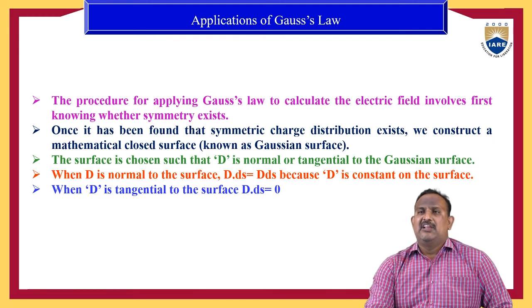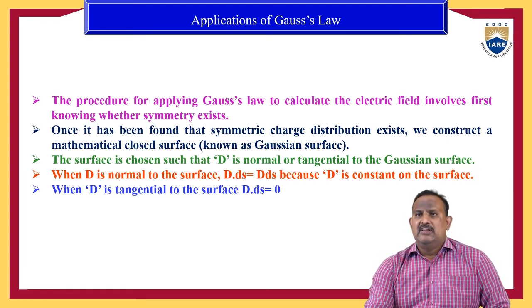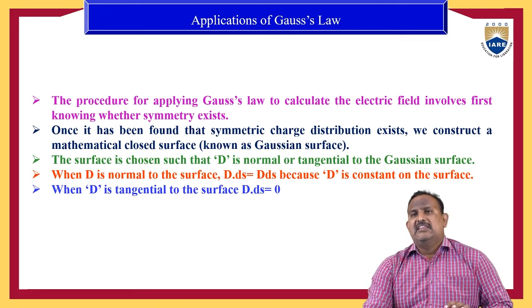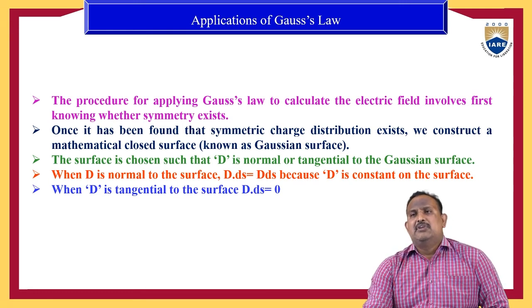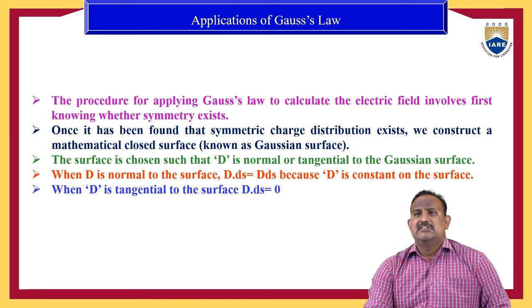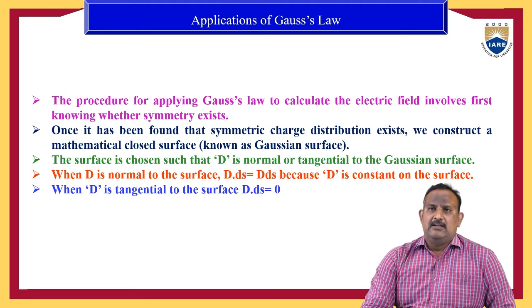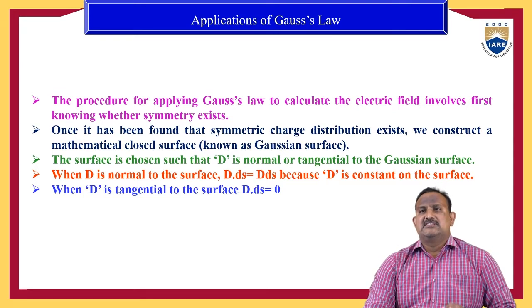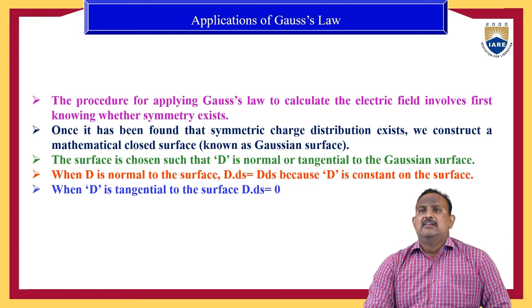So first we need to check for symmetrical charge distribution. If it exists, then we need to construct a mathematical closed surface, which is also known as a Gaussian surface. Next, we need to check that the surface is chosen such that the electric flux density D is normal to the surface.